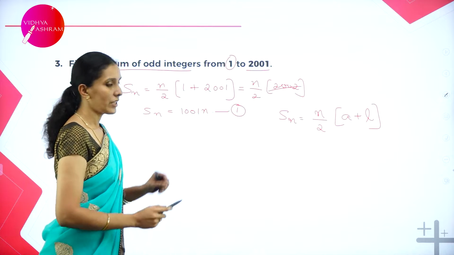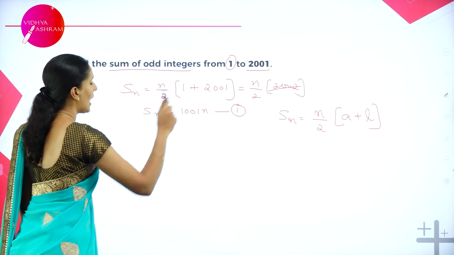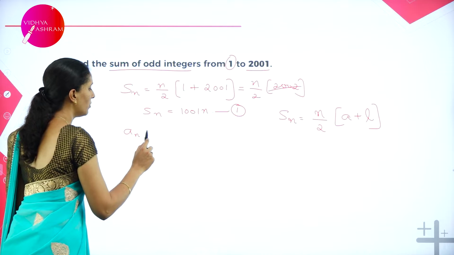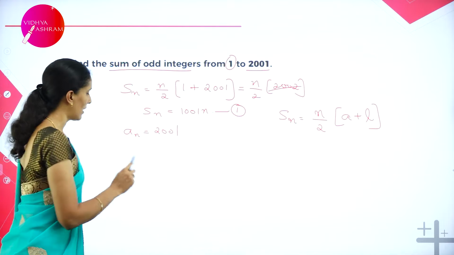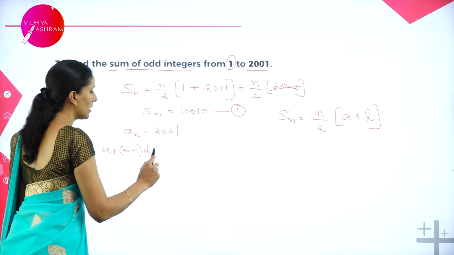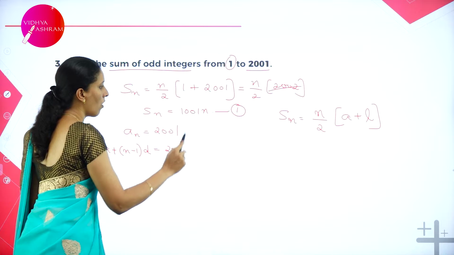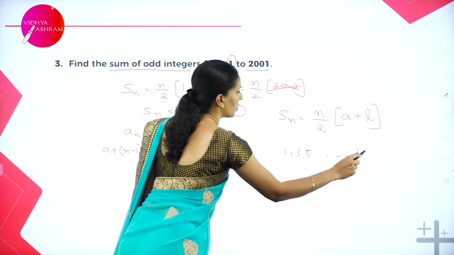Now how to find n? I can calculate n by knowing the last term, an equal to 2001. What is the formula for an? That is a plus (n minus 1) into d is equal to 2001. Odd numbers means it is 1, 3, 5, etc., till 2001.